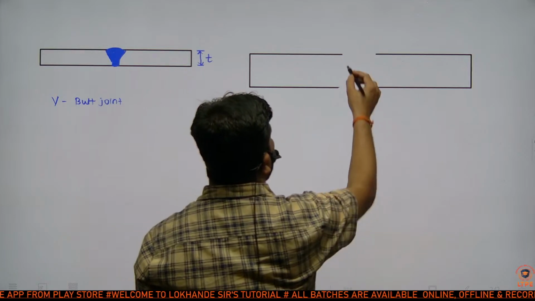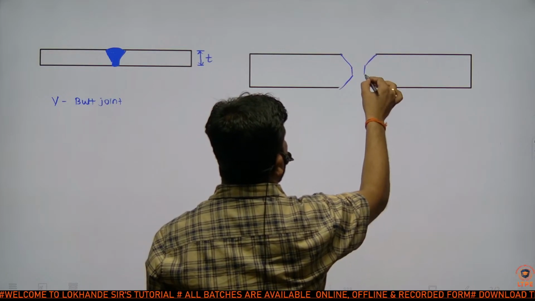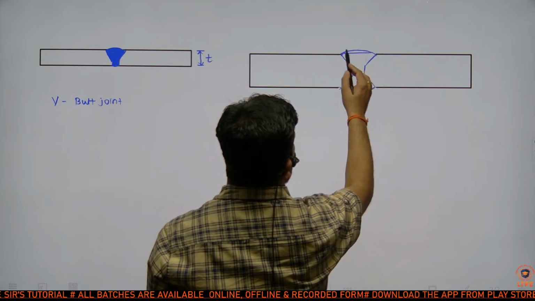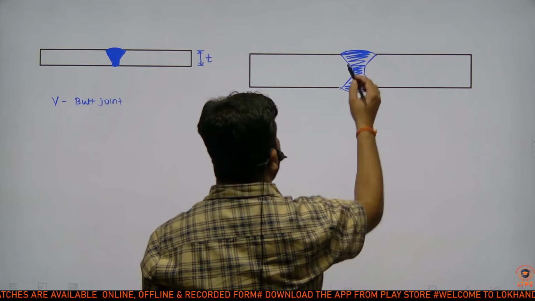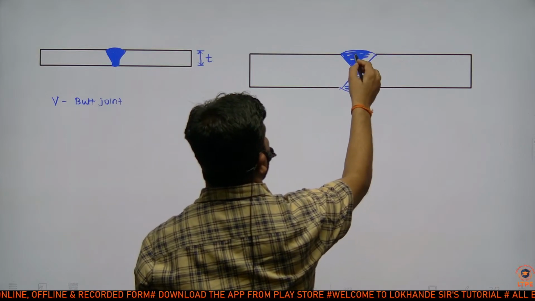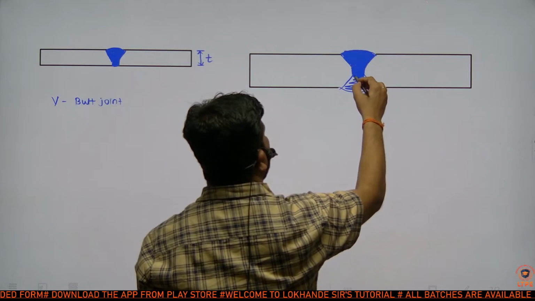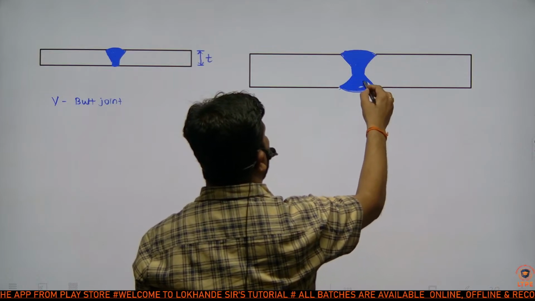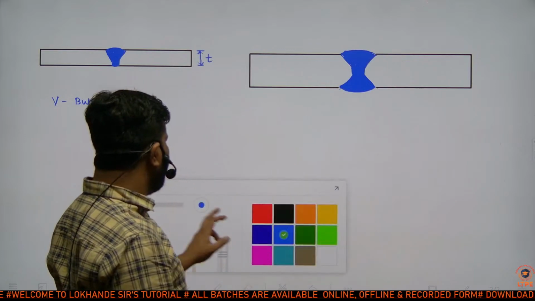For example, fusion of edges. After beveling the edges, we have to fill this by using filler material. If the thickness of plate is more than 5 mm, then we have to bevel the edges.